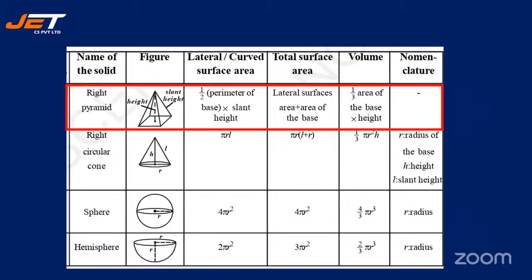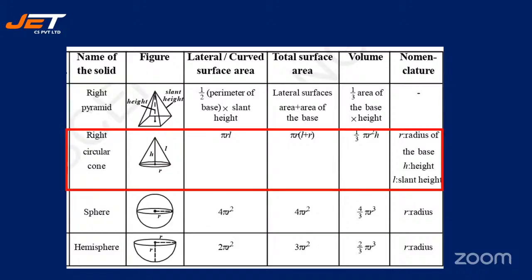You can see the figure of the right pyramid, which has a slant height L and the height. The curved surface area is half into perimeter of the base into slant height. Slant height we usually write as L. And the total surface area is the lateral surface area plus area of the base. And the volume is 1 by 3 into area of the base into height.